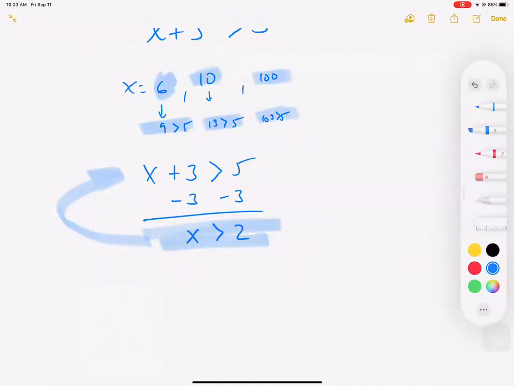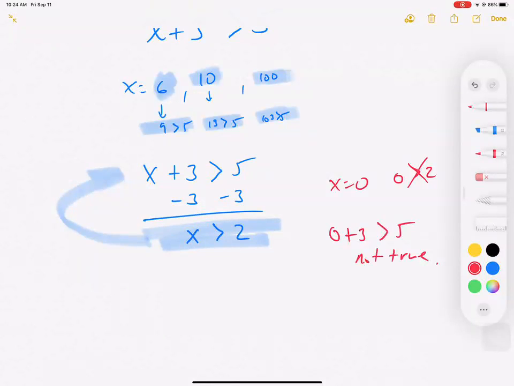But let's try a number that isn't greater than 2. What about 0? 0 is less than 2, so 0 is not greater than 2. And if I plug 0 into the original problem, 0 plus 3, is that greater than 5? Not true.